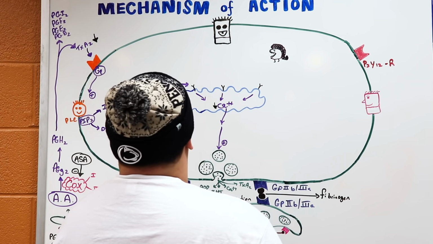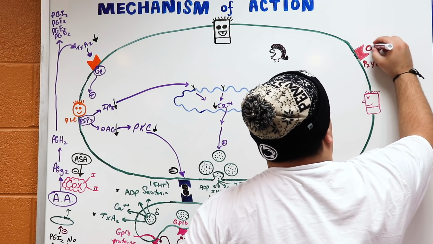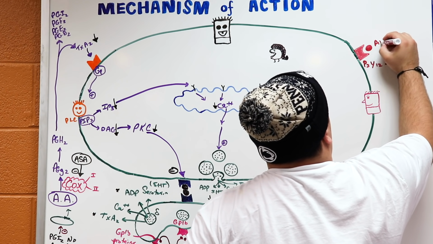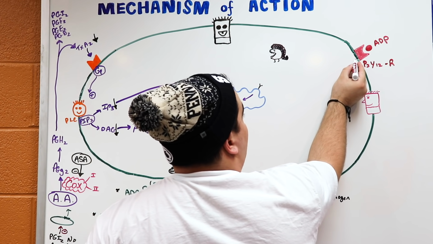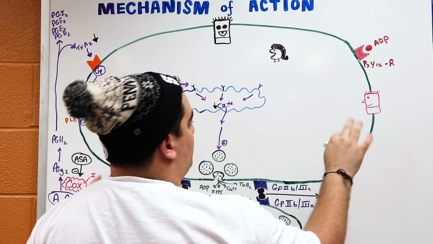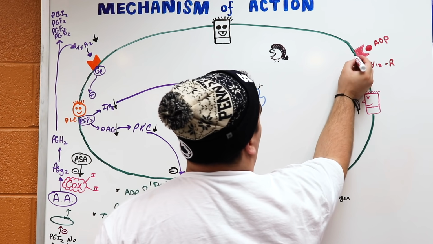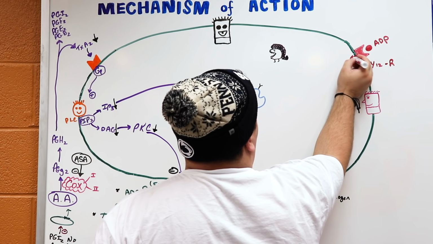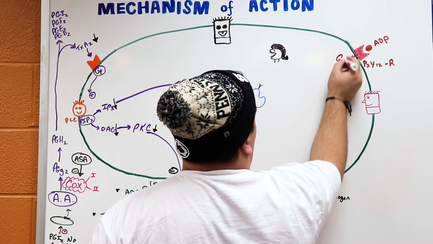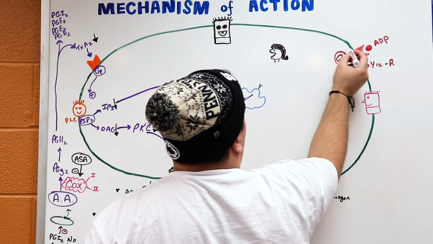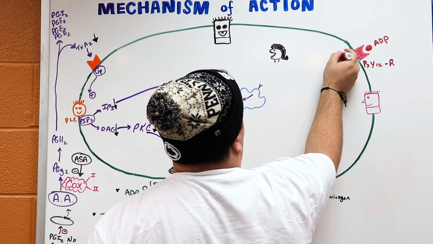So what happens is ADP gets released, right? It binds onto this receptor. Now this receptor can go two different ways. We're going to quickly fly through the pathway. One of the proteins that it activates is called a G inhibitory protein. That G inhibitory protein is going to do a couple different things.